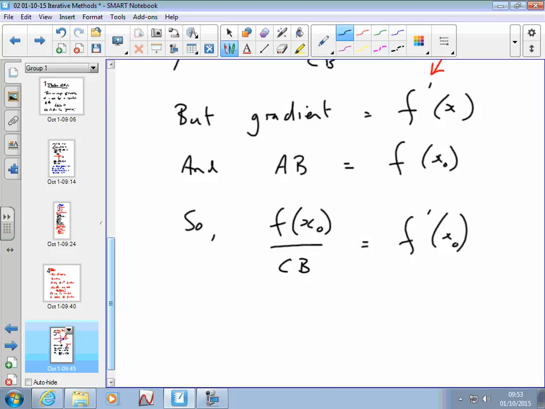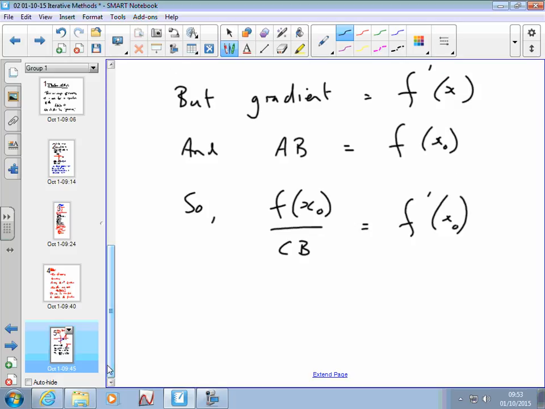So that's a specific differential at x0 rather than the general differential, which is how we find the gradient of the function at any point. Rearranging this, we get CB equals f(x0) over f prime(x0).